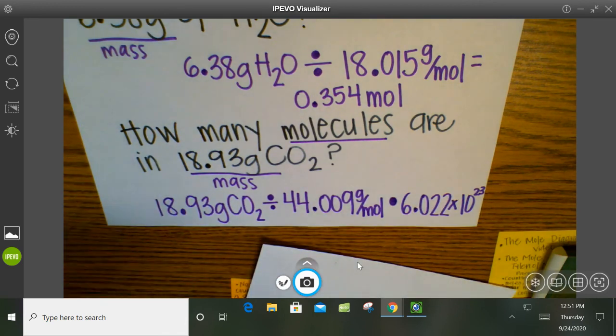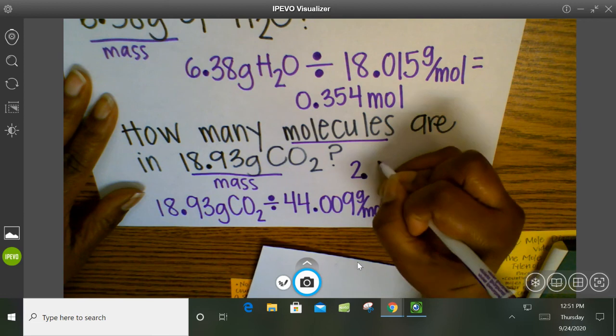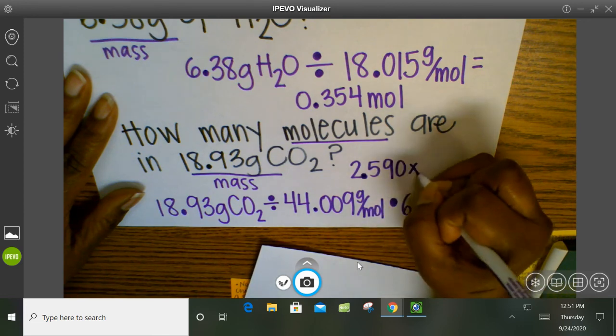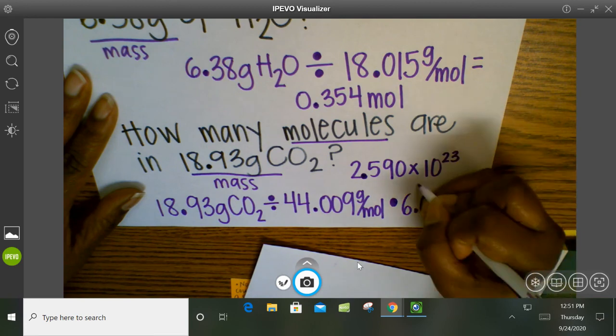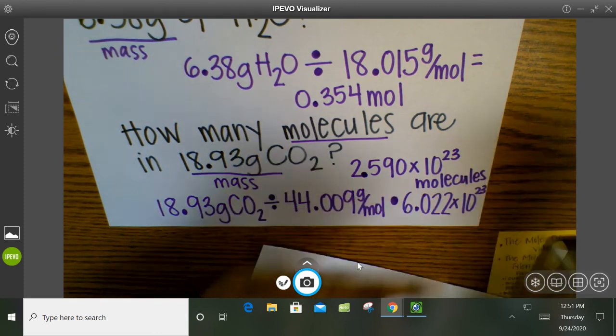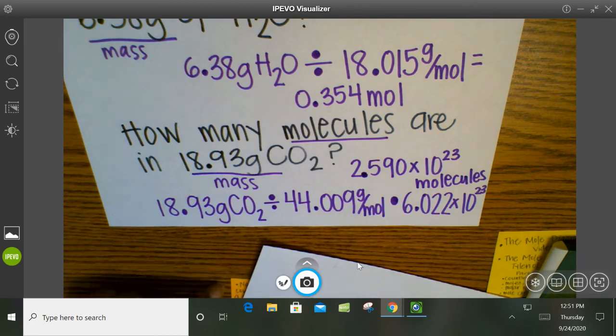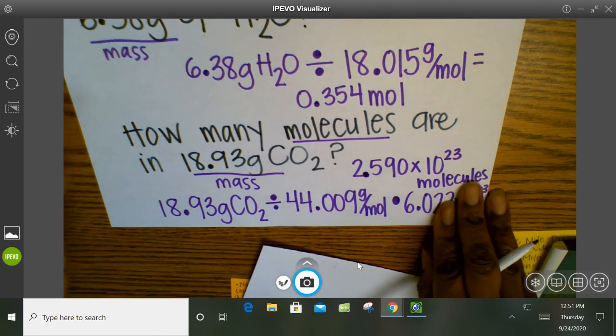I'm just excited all of that fit on the page. When you do this, you take your 18.93, divide that by the molar mass, and then multiply by Avogadro's number, and you get the answer, times 10 to the 23rd molecules. That is how many molecules are actually in 18.93 grams of carbon dioxide.